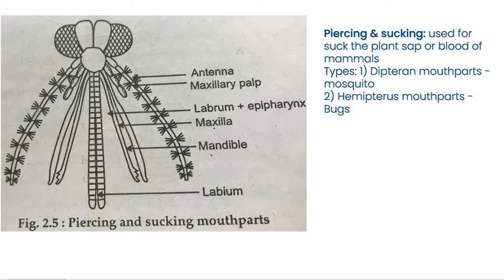The labrum is long and needle-like, fused with the epipharynx. The mandibles, maxillae and hypopharynx are also elongated and pointed distally, forming needle-shaped stylets for piercing the skin of the host. They lie enclosed within the hollow labium.